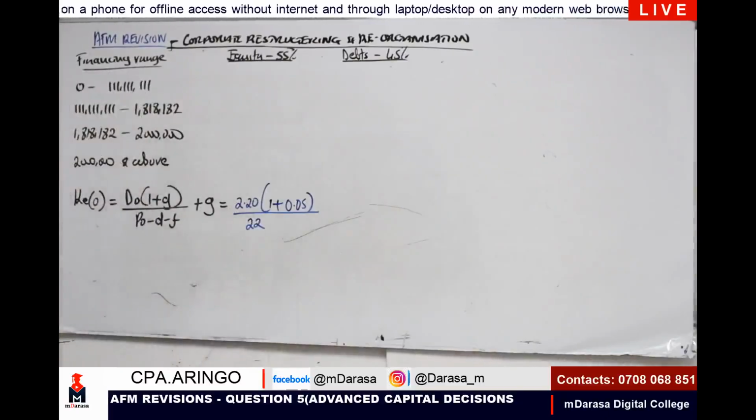Did you have any flotation cost? I can see we are given flotation cost there. You are told that new equity shares can be sold at a flotation cost of 10% of the issue price.